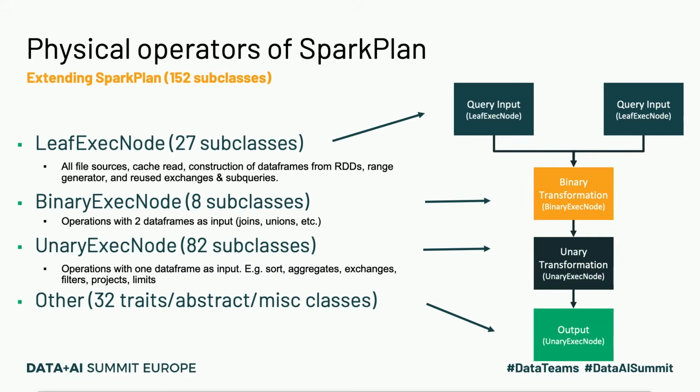There are only very few operators that work with multiple data frames as input, such as joins and unions. And there are also quite a few operators dedicated to reading data from either cache or files or from RDDs or other queries.